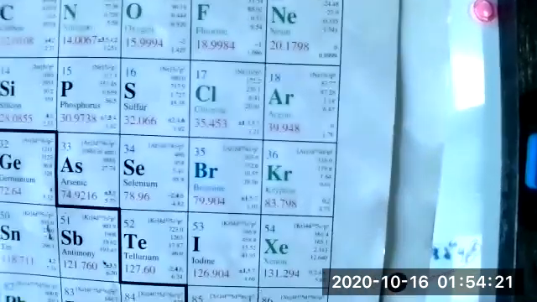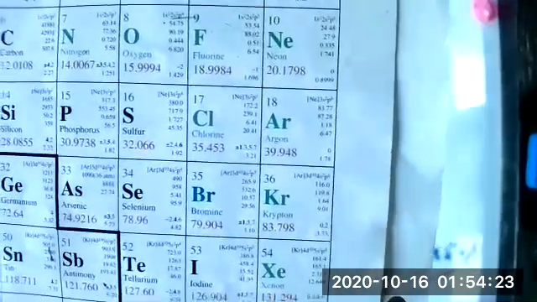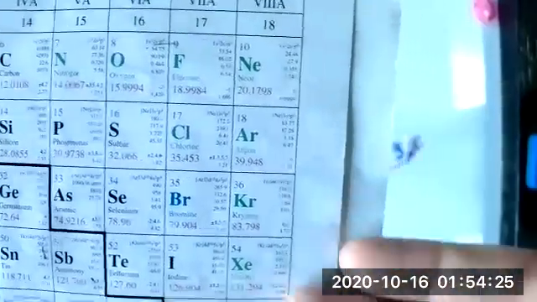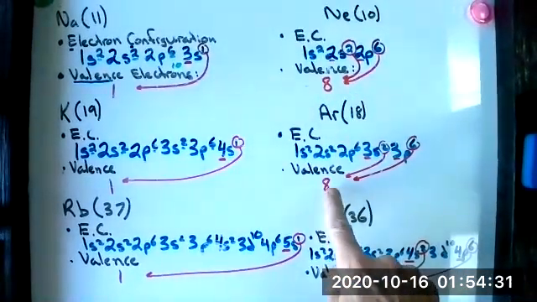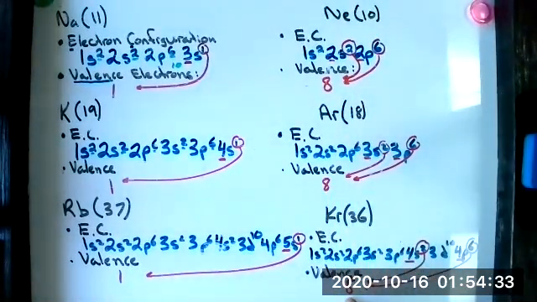And they're gases at room temperature and pressure, so they added that word in the end. Noble means prestigious. Noble means something special. What's so special about all these guys on the far right? They all have a valence of 8.